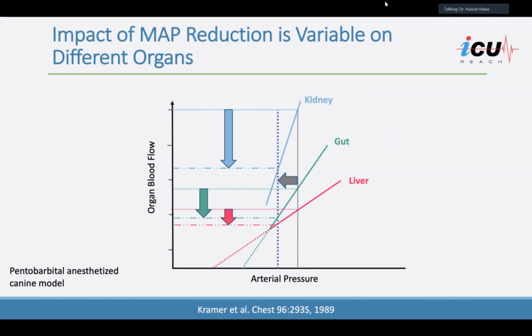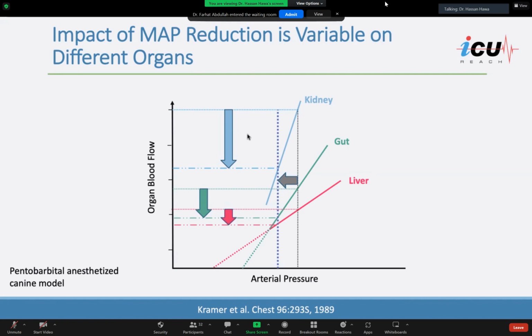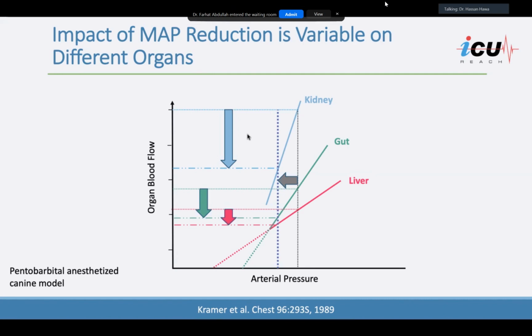The kidney is very sensitive, and it's the first organ to be affected in a hypotensive situation, whilst the liver requires a really severe blood pressure drop to cause shocked liver or ischemic liver. Obviously, part of this has to do with the dual liver blood supply, but at least that's what we can see in this experiment.